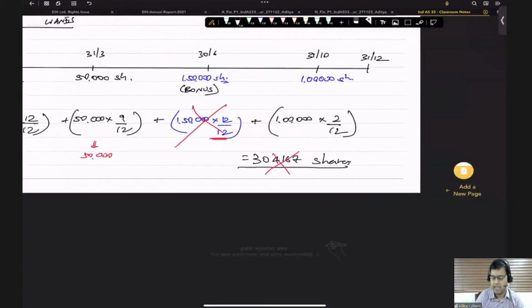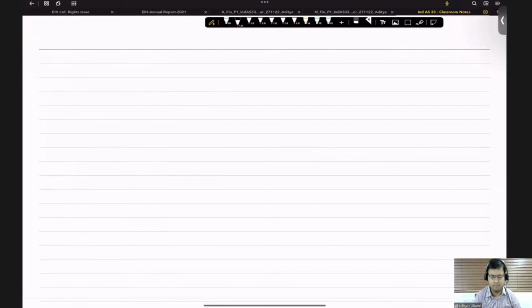Okay. So the standard tells in a very simple way that when the shares are there, from which period, bonus shares also will come into existence from that particular period. So therefore, 1 lakh shares were present for the entire period.